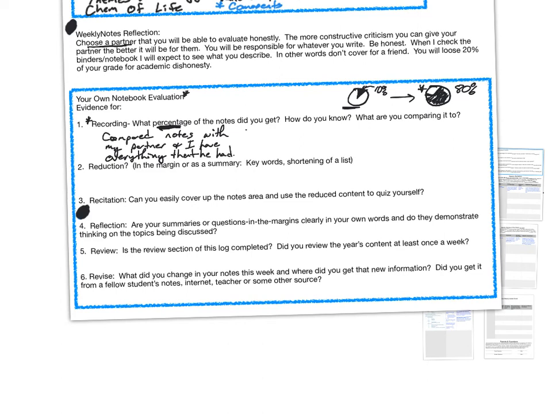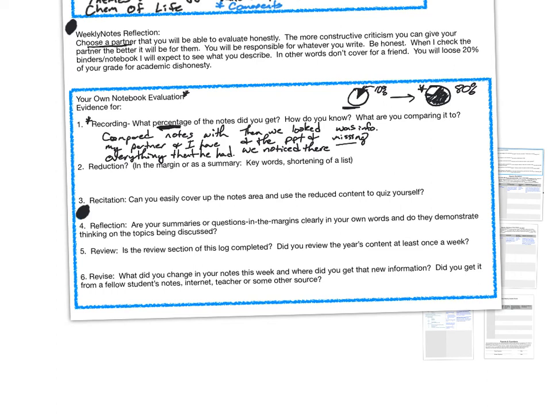Then we looked at the PowerPoint and we noticed there was information missing.